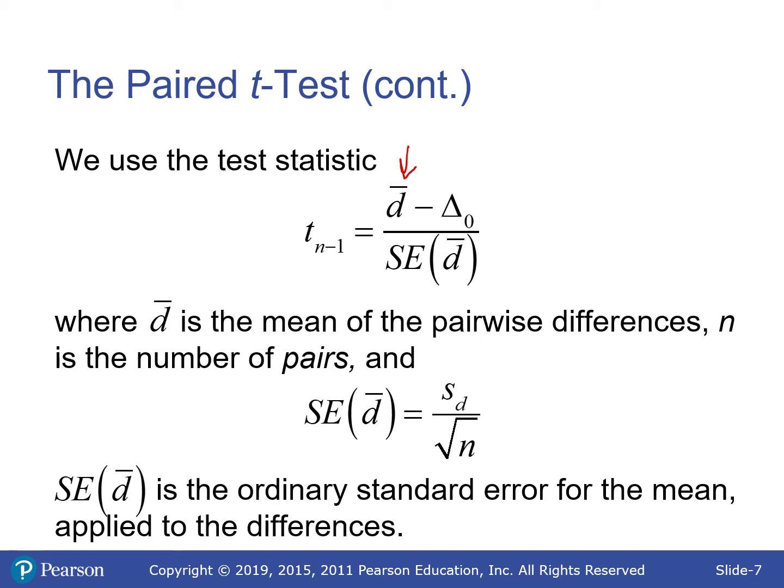The mean difference minus 0 typically over the standard error of the differences. This is again something that you will probably never use the formula for.